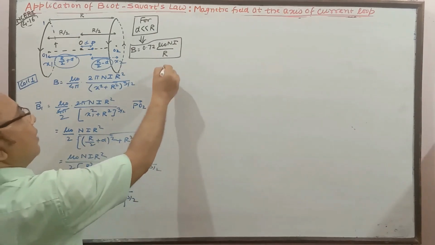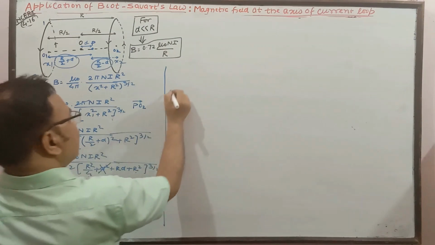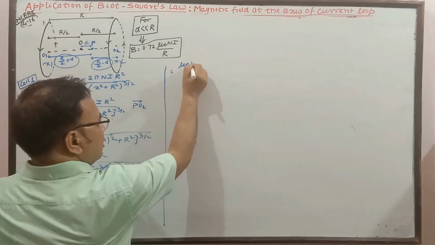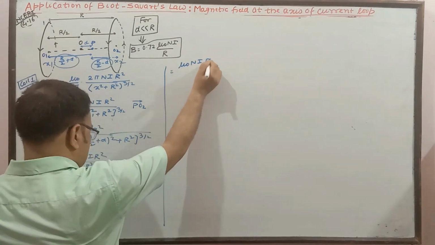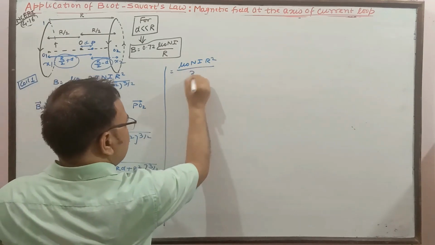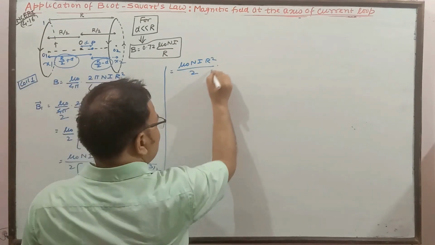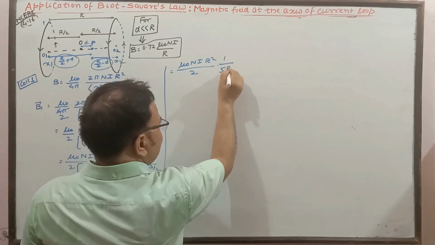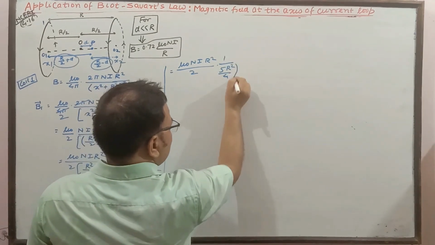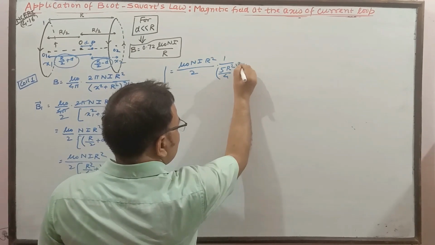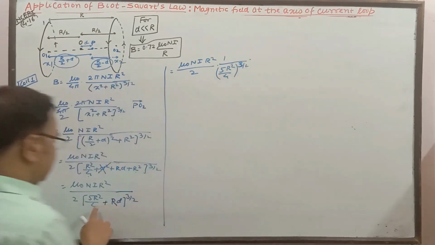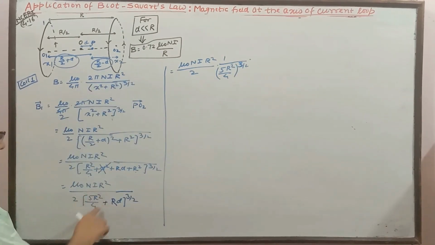If you take 5r square by 4 common, you shall have mu naught n I r square divided by 2, taking common 5r square by 4 whole to the power 3 by 2. Inside, the first term will be 1.